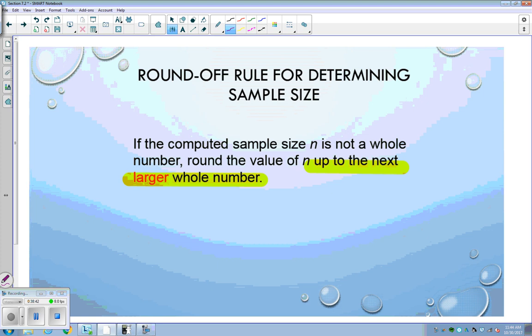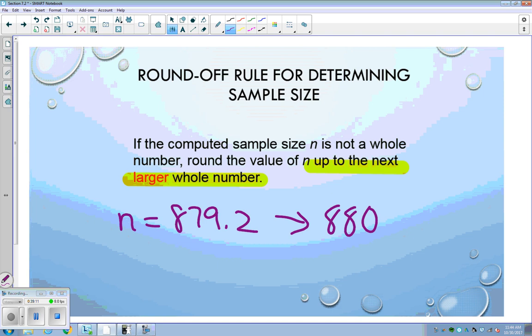Let's say that we did that and we found n was 879.2. Normal rounding says I would round that to 879. But this is the minimum sample size I can use, and if I rounded down, I did not meet my minimum, did I? So you always round up, and it's going to be 880.